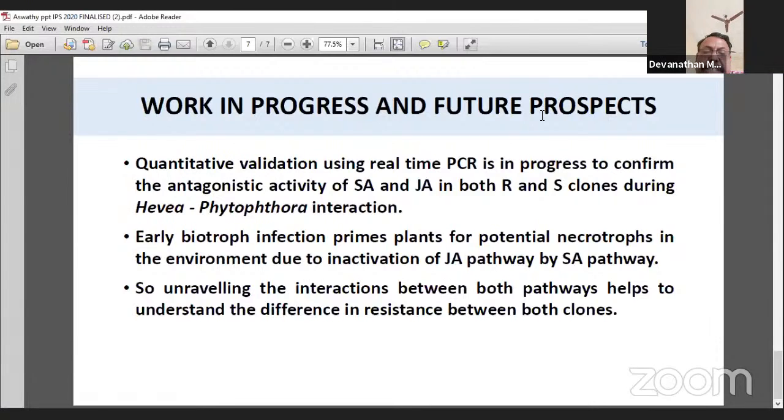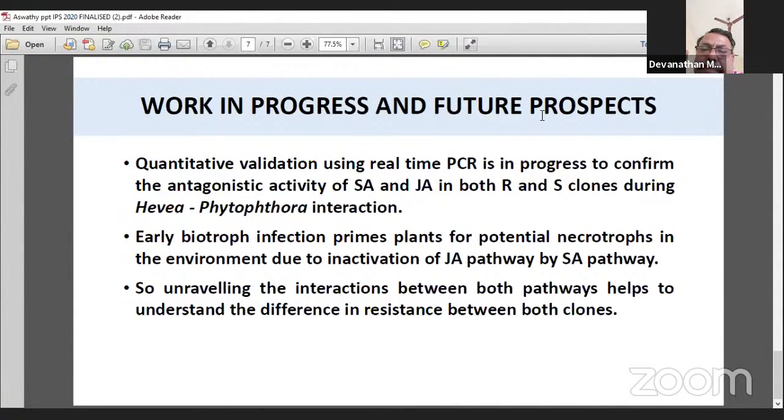In your presentation, is the salicylic acid pathway suppressing the jasmonic acid pathway, or vice versa? So what kind of PR proteins are developed? Yes, pathogen related proteins. You have mentioned the pathogen related proteins identified.